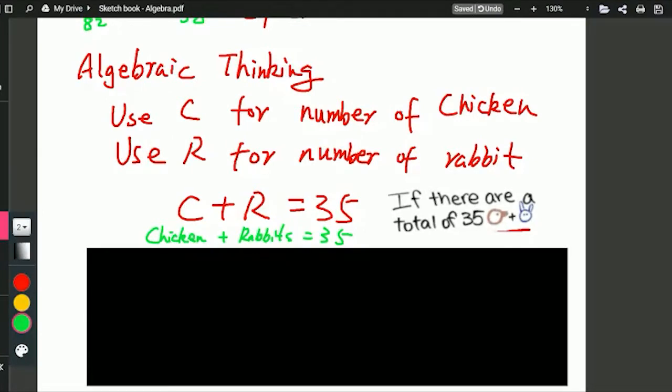Basically I am just saying chicken plus rabbit. By using a letter, I'm just making it shorter. I don't want to write that long sentence. So this should read chicken plus rabbit is 35, right?